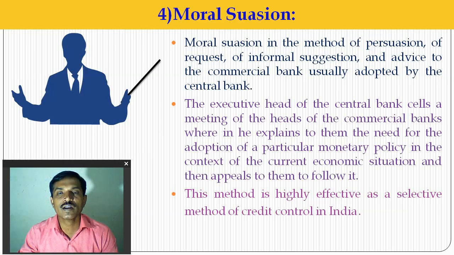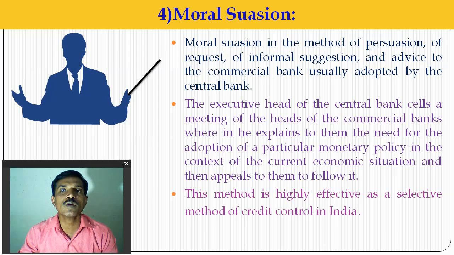The executive head of the central bank calls a meeting of the heads of the commercial banks, wherein they explain the need for adopting a particular monetary policy in the context of the current economic situation, and then appeal to them to follow it.